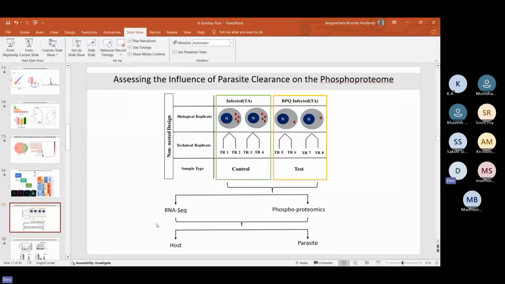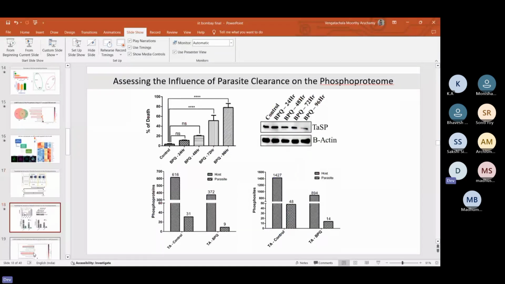Before proceeding to making the samples, we wanted to assure that the treatment is working. For that, we did a trypan blue based cell death counting assay, and we found that after 48 hours there is an increase in cell death.